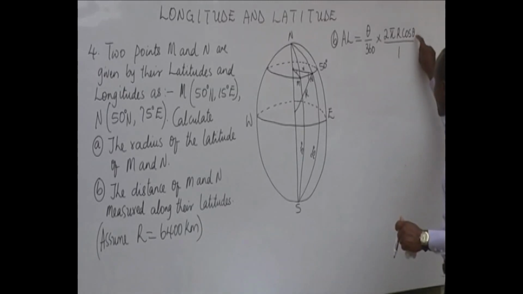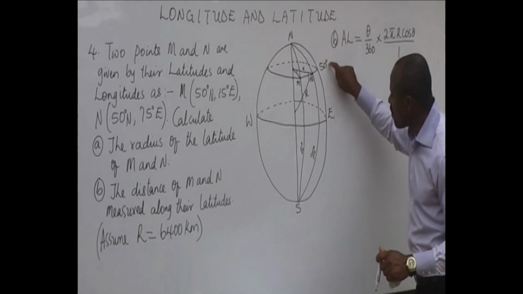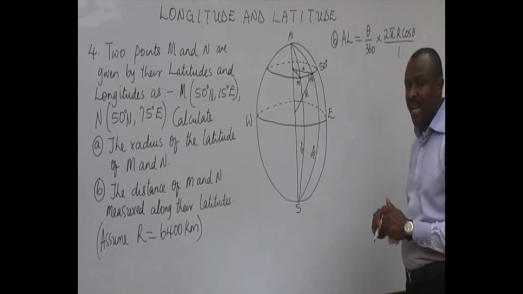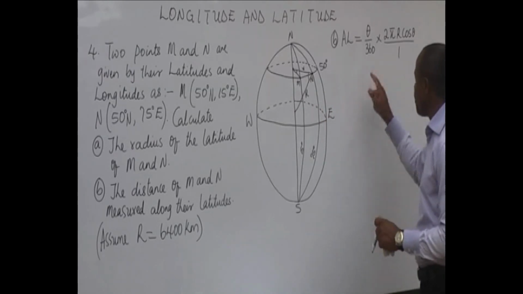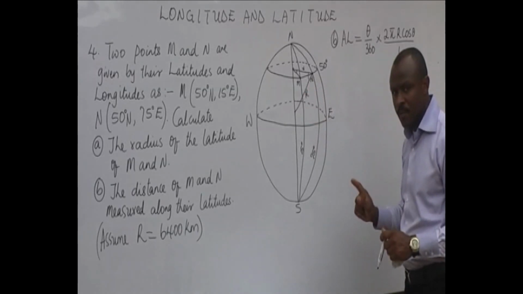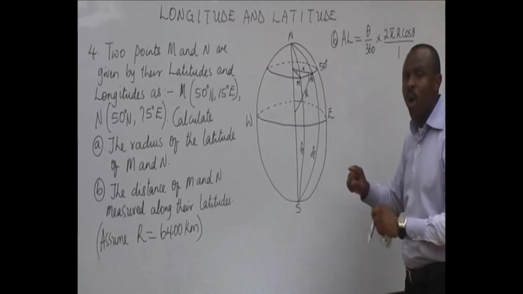This other theta, in 2 pi big R cos theta, is the line of latitude where you are walking on. They are not the same thing. The first theta is the difference in the lines of longitude. The second theta is the line of latitude where you are walking on.